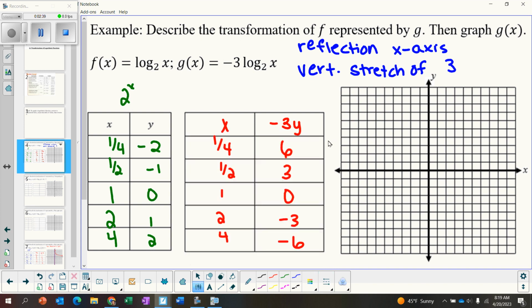So my asymptote is still x equals 0. I have 1/4, 6, 1/2, 3, 1, 0. Oops, that's 1, 1, 0, 2, negative 3, and 4, negative 6.